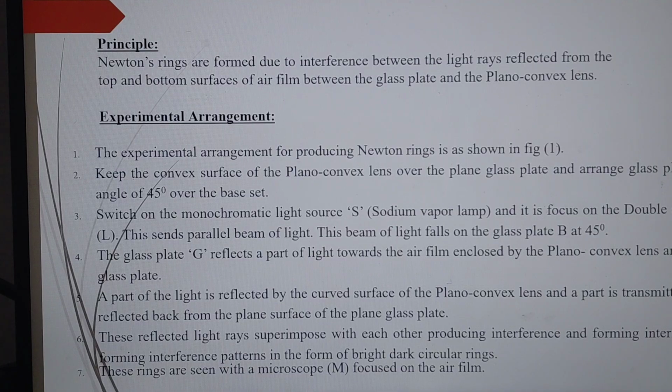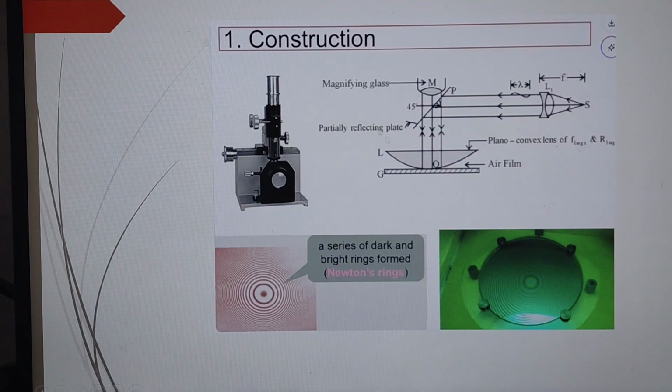Here is the experimental setup, the construction of Newton's rings. Here is the magnifying glass, the traveling microscope, the plano-convex lens, and the air film.